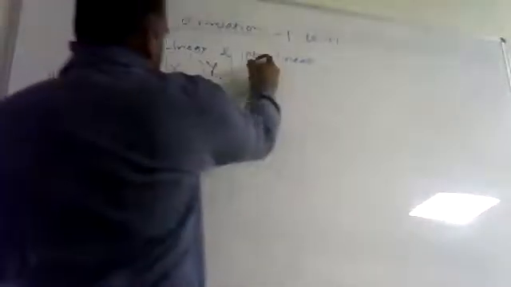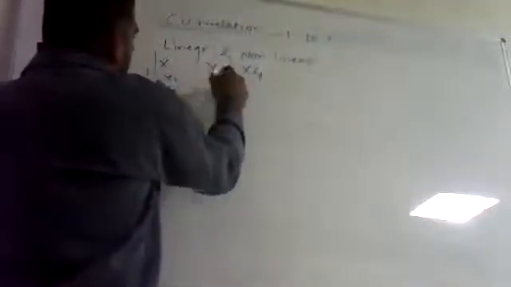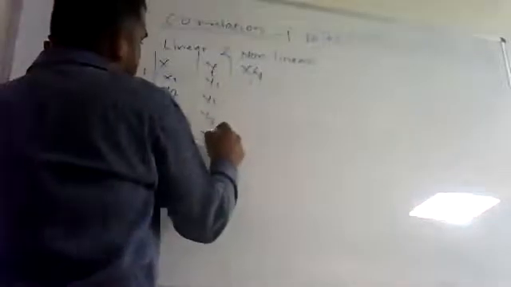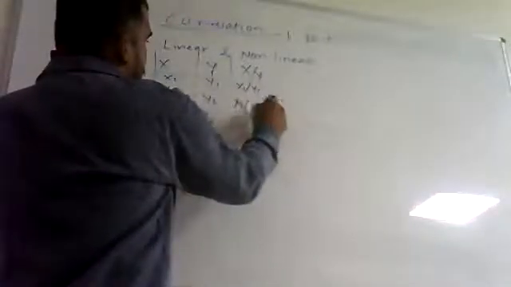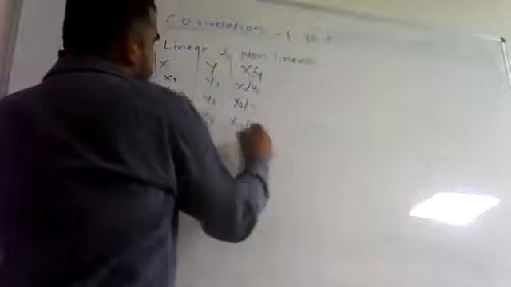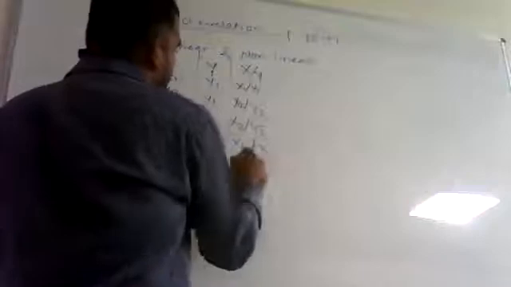If we take the ratio of x and y, we will get 5 ratios. Suppose these are x1, x2, x3, x4, x5, y1, y2, y3, y4, y5. Suppose we take the ratio x1 divided by y1, x2 divided by y2, x3 divided by y3, x4 divided by y4, and x5 divided by y5.